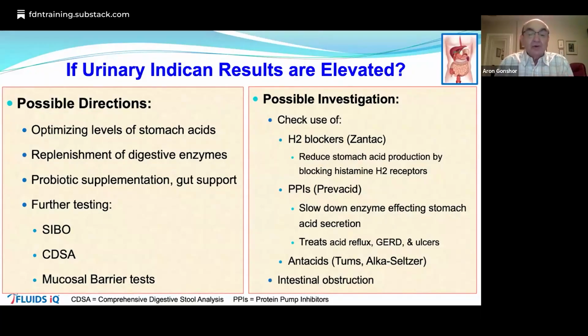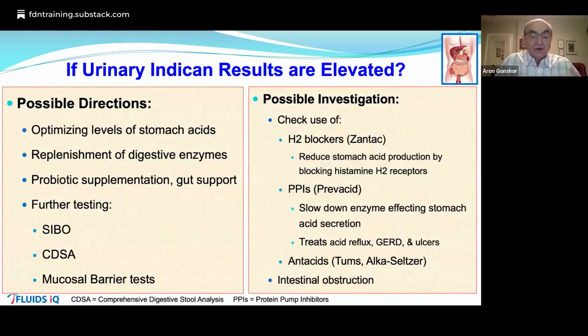And there are many things that you can do. We're not going into treatment here, but there are many things that you can do. You can replenish the digestive enzymes, and there is a whole series of things. And by the way, on our website, we have a manual that goes through all of those things. There are, of course, the supplements, the probiotic and the prebiotic supplements, even more important than the probiotic for gut support.